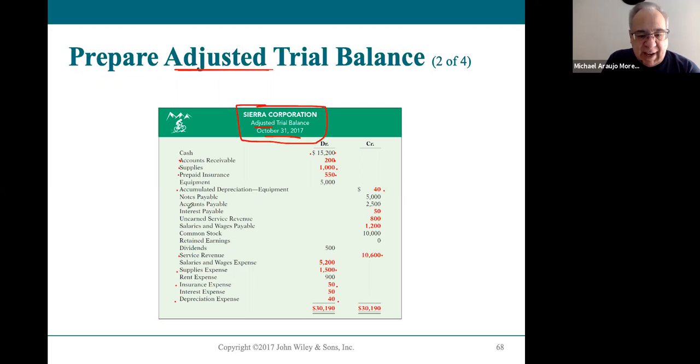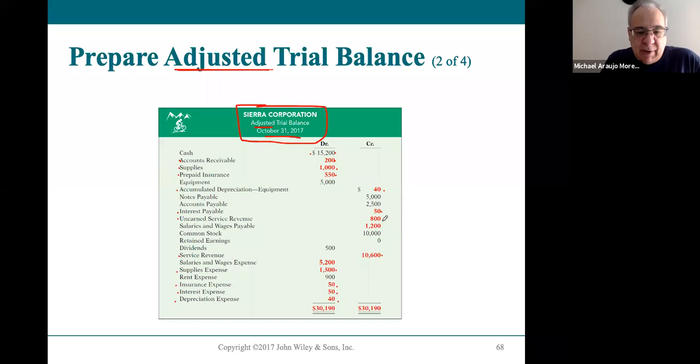Look at the very next account that's affected here on the trial balance. You'll see interest payable is affected here. Well, that was Learning Objective 3, right? When we took an interest expense in that particular month of October and set up the payable, showing we're going to pay it later. The next was unearned service revenue. Why is that account affected? Well, because we earned some of that, right?